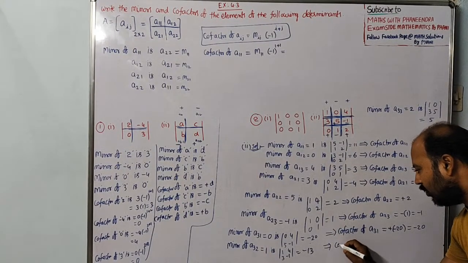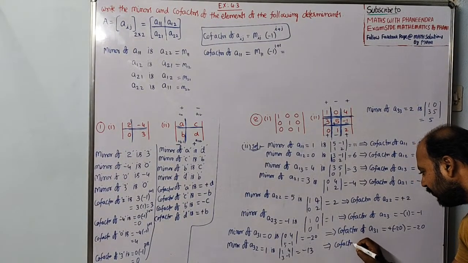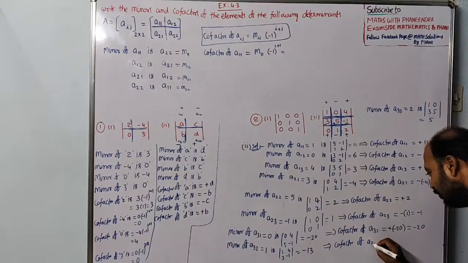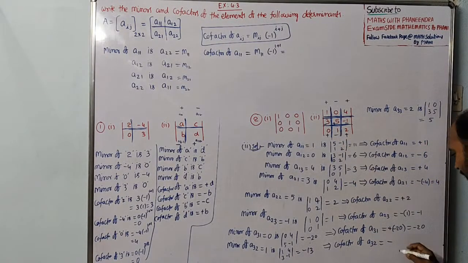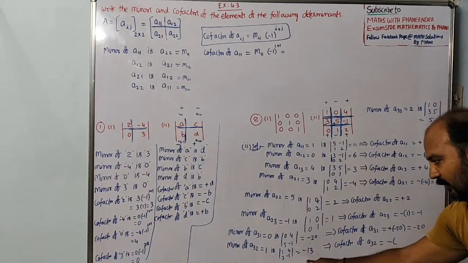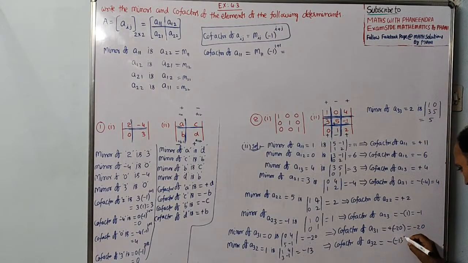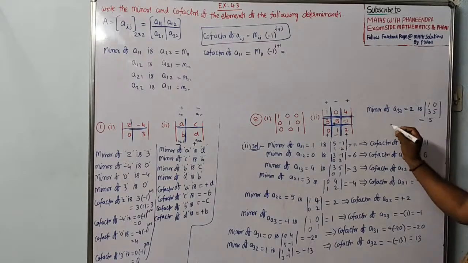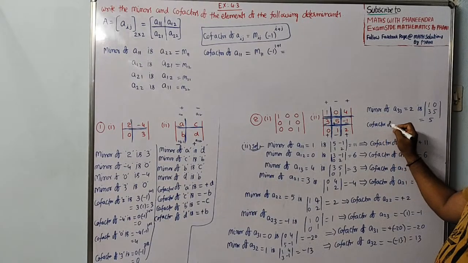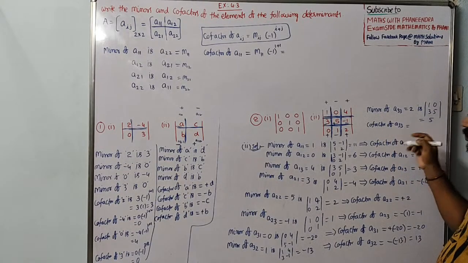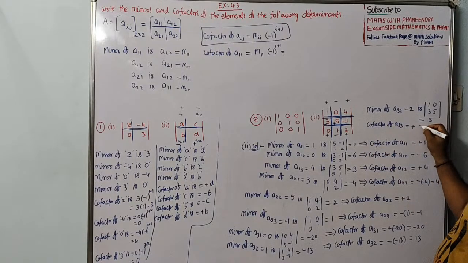Next, cofactor of A32. It is even, here minus. A32 means third row, second column, minus, and the minor is minus 13, so minus into minus is plus 13. Next, A33, here only I will finish it. Cofactor of A33 is positive now, so plus 5.